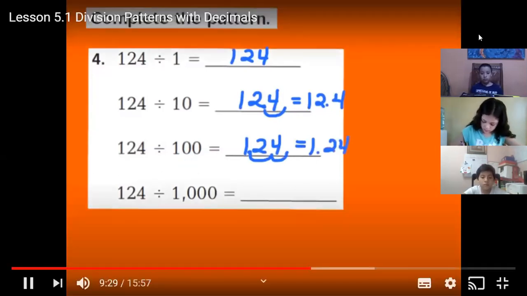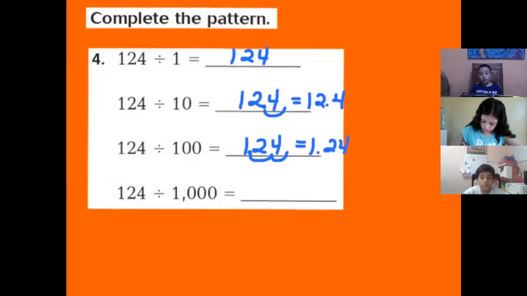Now, let's look at the last part in our pattern. We have 124 being divided by 1,000. Well, I know that in the number 1,000, there are 1, 2, 3 zeros. So what that means is I'm going to have to move my decimal point over 3 places to the left. So I'm going to start out by once again writing my 124, place my decimal behind the 4 to begin with, and we're going to move it over 1, 2, 3 places to the left.